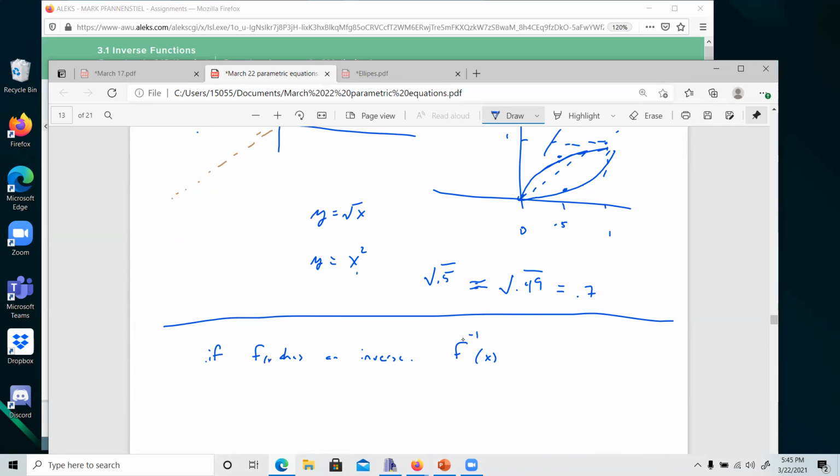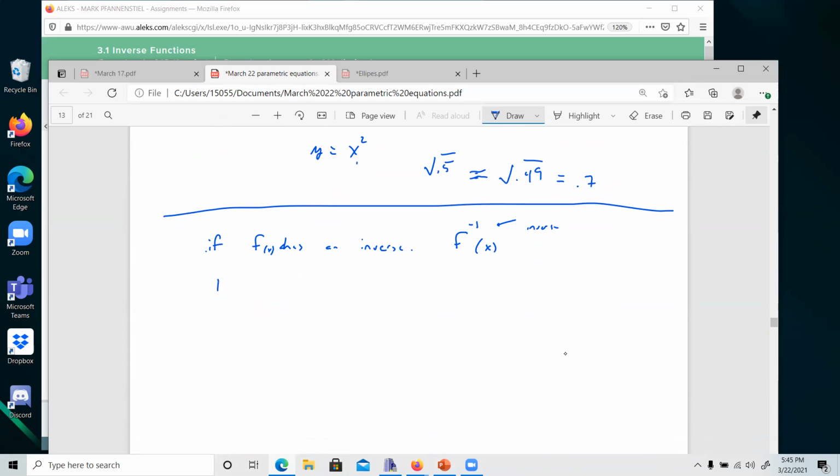If f of x has an inverse, f inverse of x, then f circle f inverse of x is equal to x.